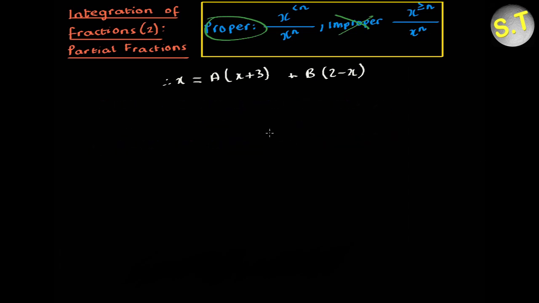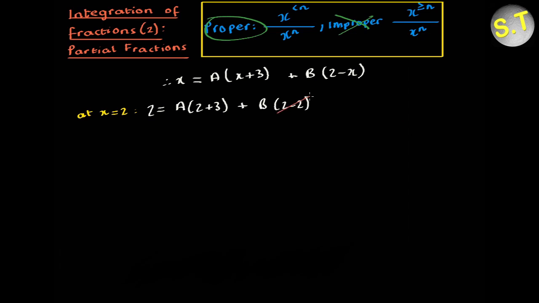So we can see here that if we choose the value of x equals 2, this will eliminate our b and it will keep our a. So let's go ahead and do that. Substituting x equals 2 in this expression gives us 2 is equal to a times 2 plus 3 plus b times 2 minus 2.